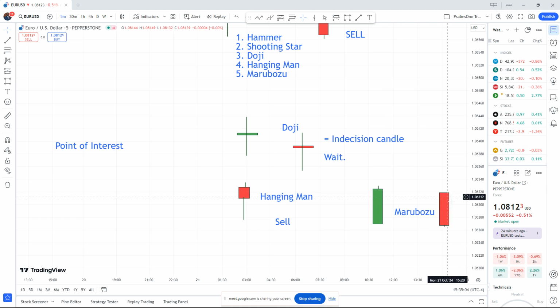You now saw a hammer-like candle, so it's also a signal for sell. The green color is for buy, but this red color that looks like a hammer, they call it the hanging man, is a signal candle.